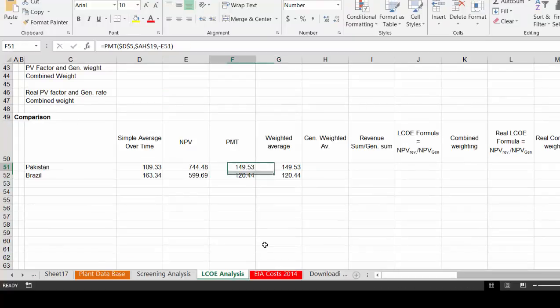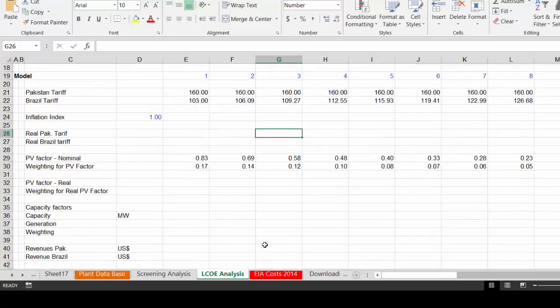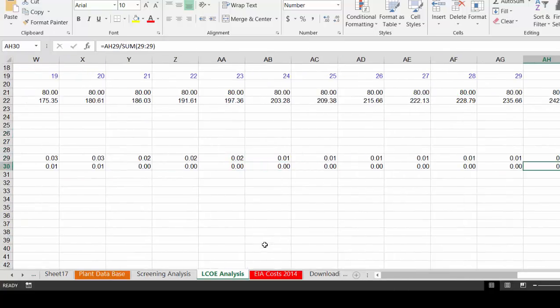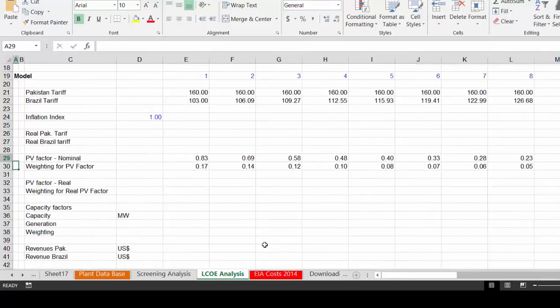So this demonstrates that the LCOE without any generation adjustment is simply the weighted average, and the weighting is by the discount rate. So this gets a higher weight, and this gets almost a 0 weight when we have 20%.